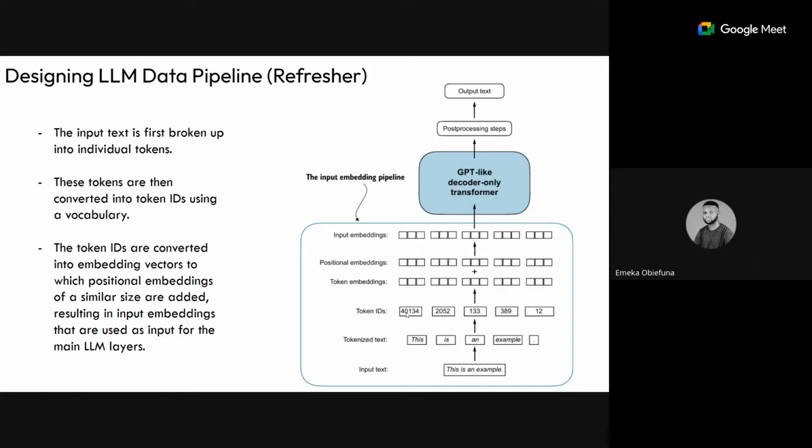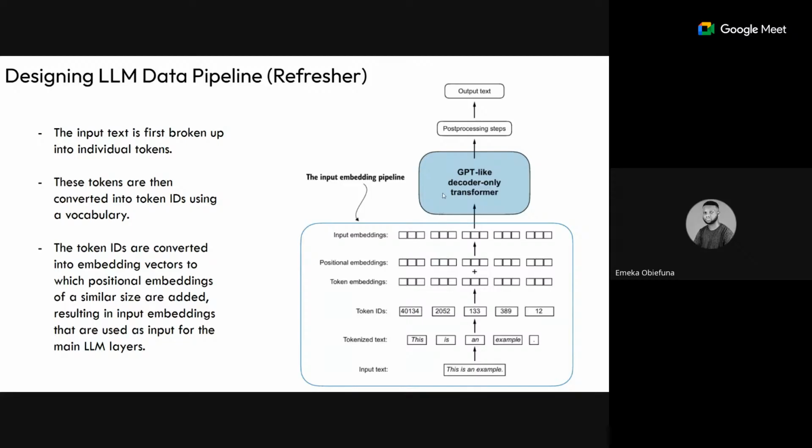Once you've gotten your token IDs, the next step is to create a token embedding. Then you add some form of position information to the token embedding, so you are adding the position embedding to the token embedding to finally give you your input embedding, which is what you're going to feed your decoder.